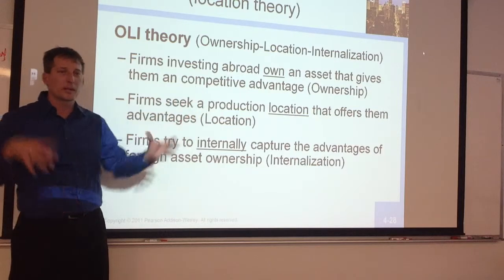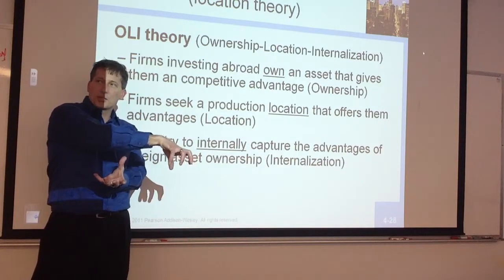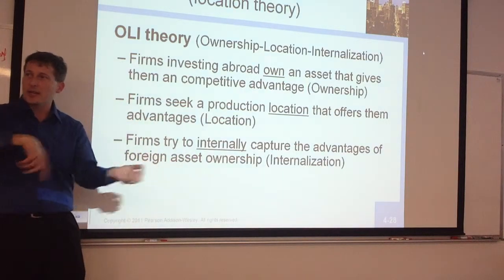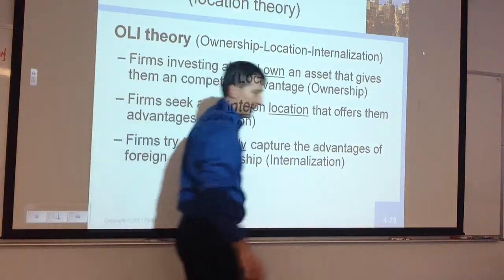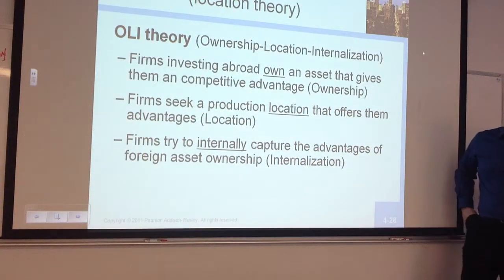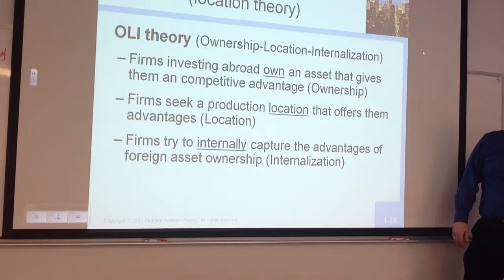This one is what causes a company to either locate overseas or just find a company to buy from and import overseas. So are we trading or are we creating a new company? And so this is what this theory boils down to, is the ownership, location, and internalization for these reasons.